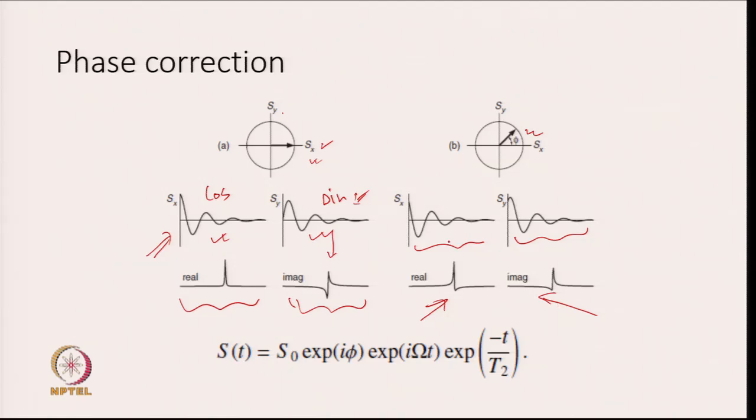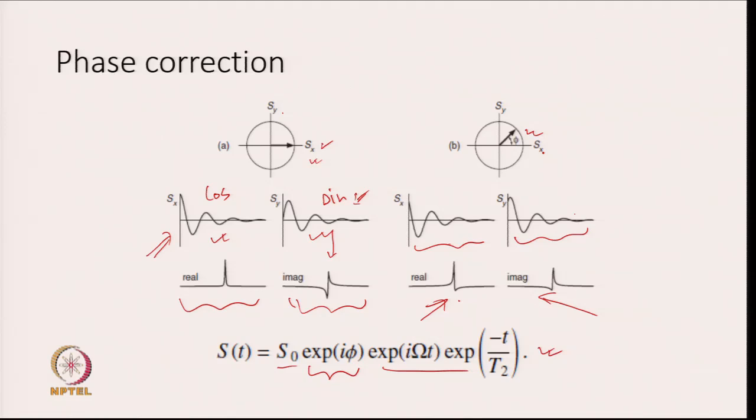So, Fourier transformation of this signal will look like this, and Fourier transformation of this signal will look like this. And in terms of your signal, it is basically the signal which we expect multiplied by exponential i phi, if this signal makes phi angle with the signal on the x axis.